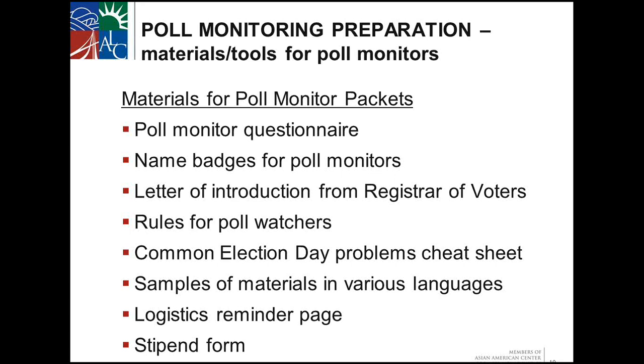Logistics reminder page, phone numbers, pickup, drop-off sites, anything that logistically will make your operating on Election Day and your poll monitoring efforts easier, you want that on a sheet so that they can have a quick reference guide on who to talk to and where to go for what. And then finally, a stipend form for those of you that are doing stipends, and make sure you include that to your volunteers so that they can hand that in along with all their other materials.